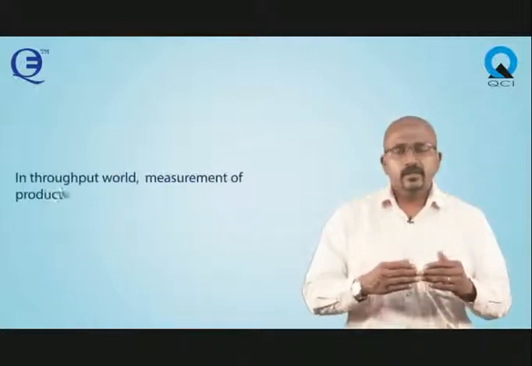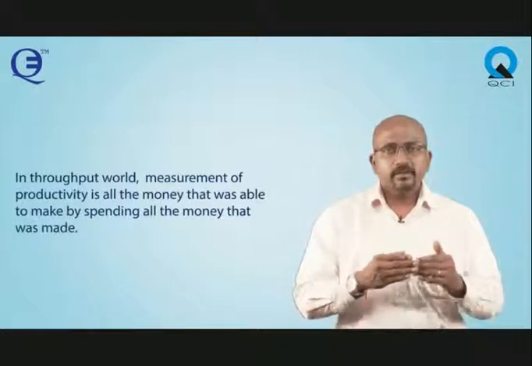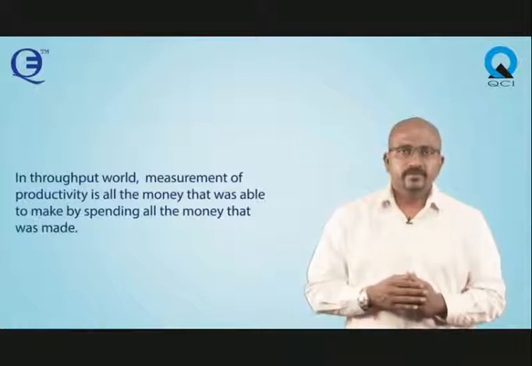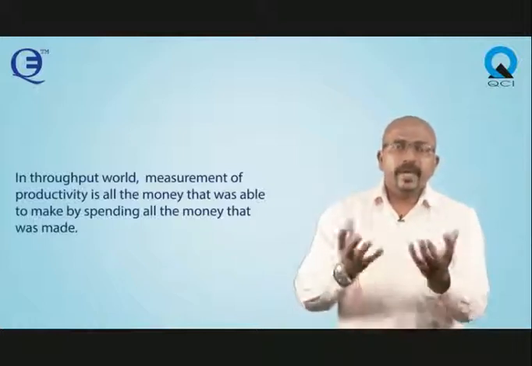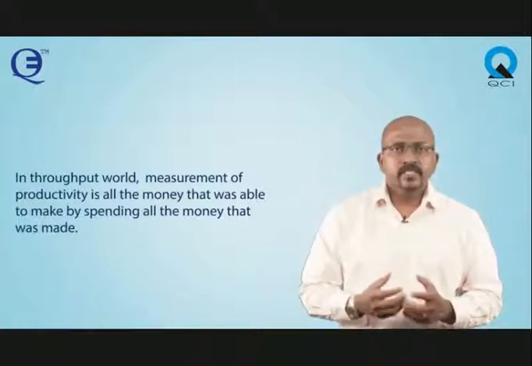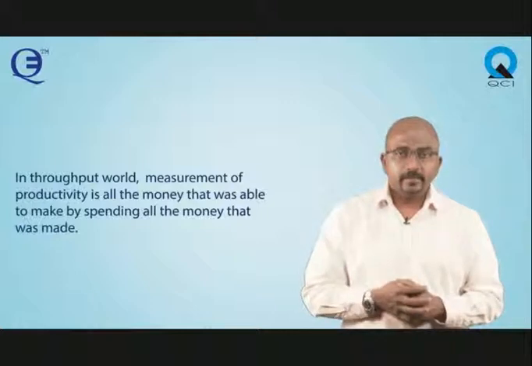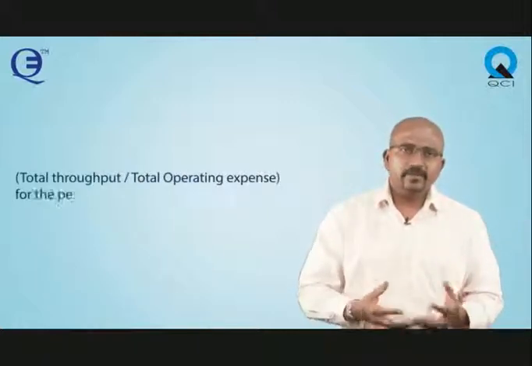In the throughput world, we use a measure of productivity in a very simple way. It's nothing but all the money that I was able to make by spending all the money that I did. That means total throughput divided by total operating expenses for the period.